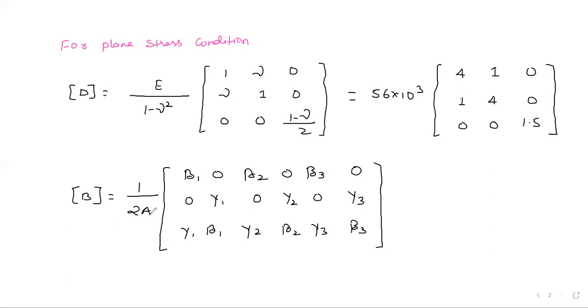So how do we calculate the area? We know how to calculate area, so let us calculate it first. The area can be written as 1 by 2 times the determinant of [1, x1, y1; 1, x2, y2; 1, x3, y3].